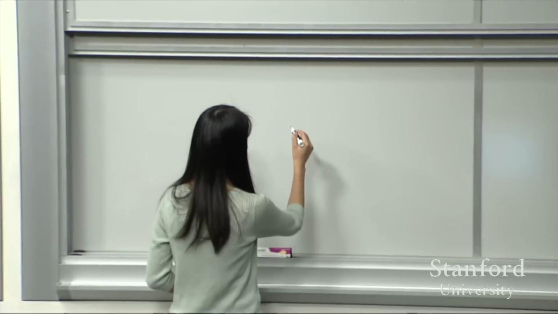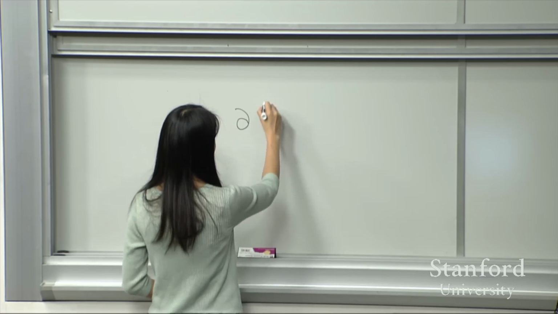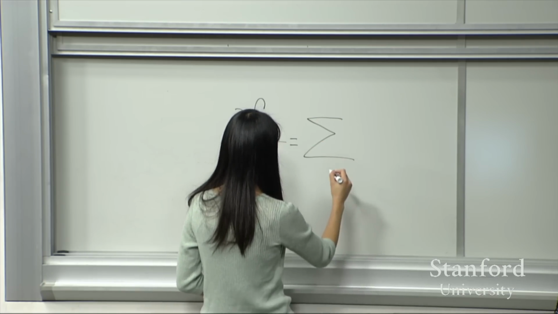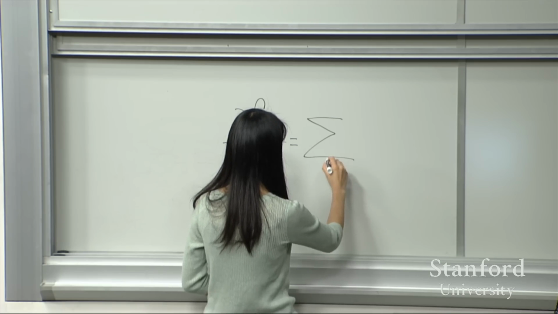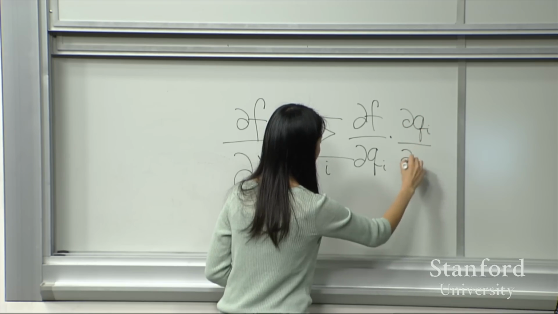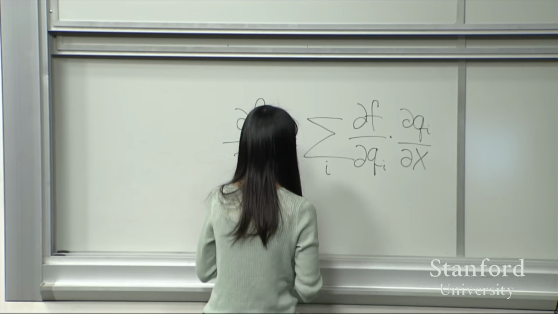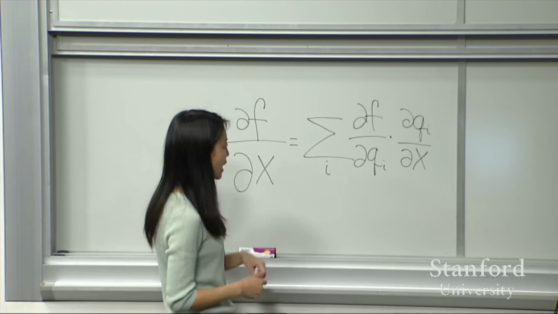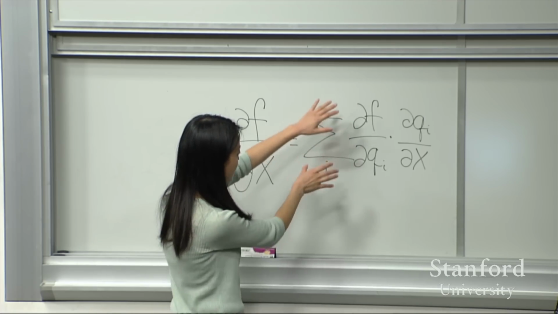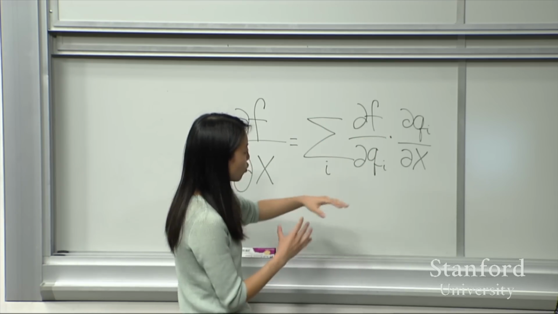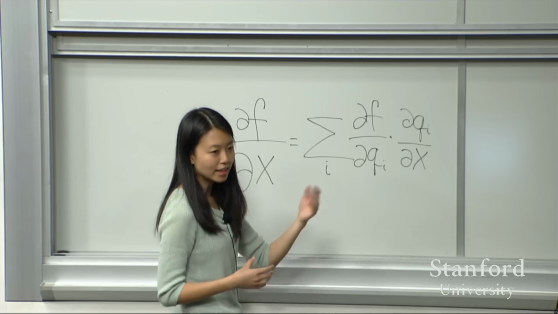Yeah, so I can write this maybe on the board. If we want to have the gradient of f with respect to some variable x, and let's say it's connected through variables, this is basically saying that if x is connected to these multiple elements, in this case different q_i's, then the chain rule is going to take the effect of each of these intermediate variables on our final output f, and then compound each one with the local effect of our variable x on that intermediate value.